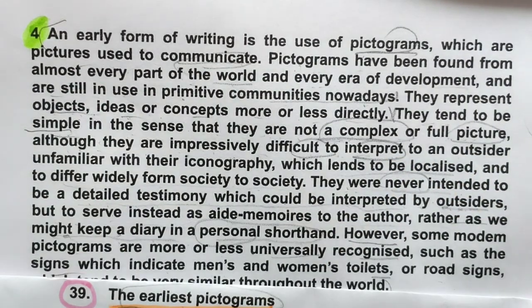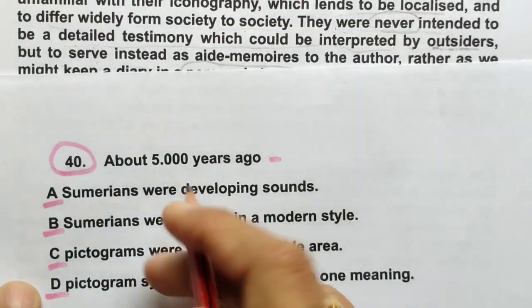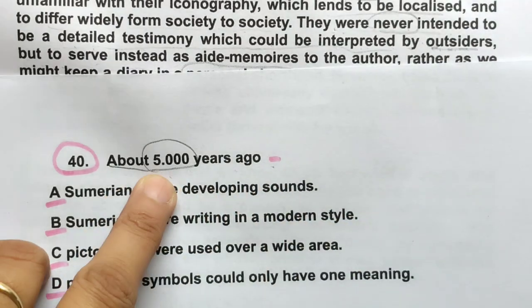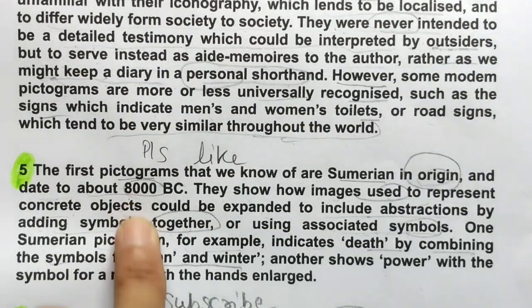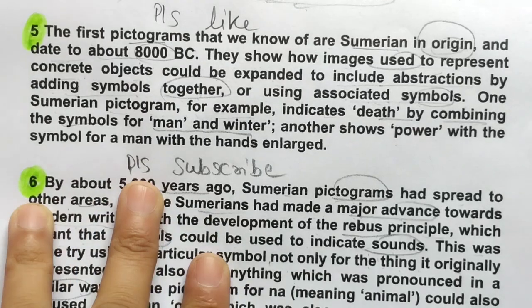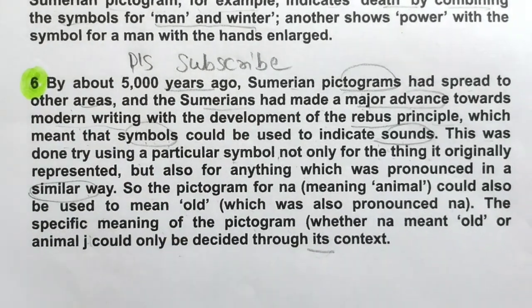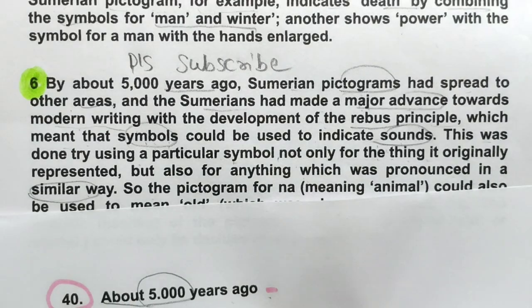Okay, now the 40th question. Now this multiple choice question is about 5,000 years ago. Okay, so 5,000 years ago, 8,000 is here and 5,000 is in this paragraph. See this. So let's read what it is saying. You also do it with me.